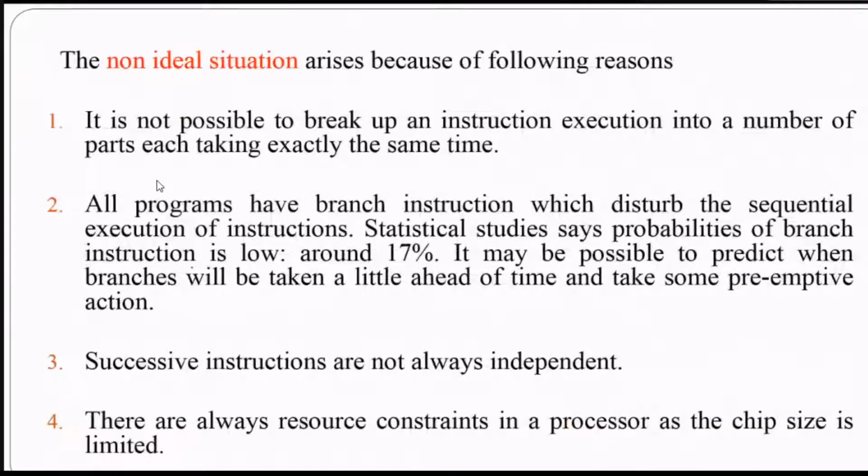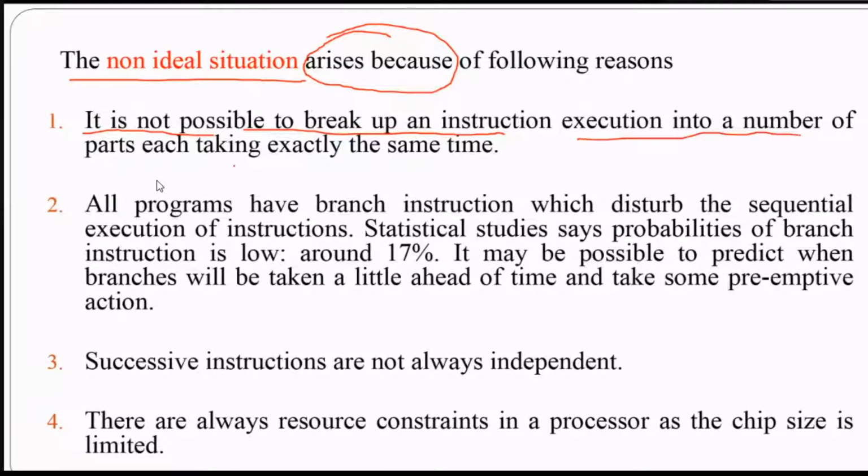And these are the non-ideal situations. It means that these are the problems that arise while pipelining, or you can say these are the problems due to which you cannot implement pipelining very efficiently. So it is not possible to break up an instruction execution into a number of tasks, each taking exactly the same time.